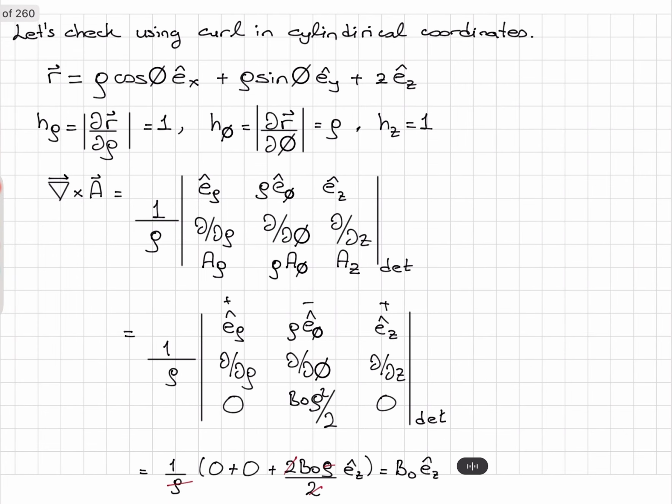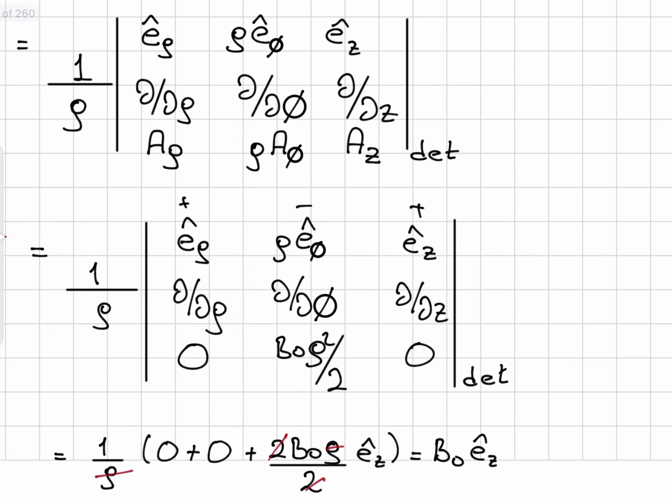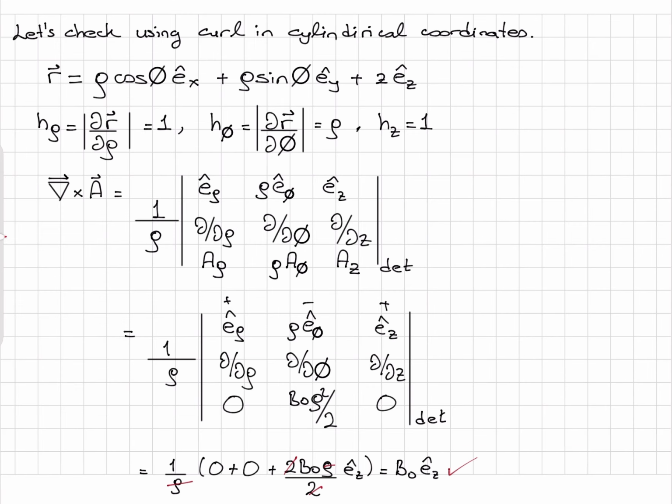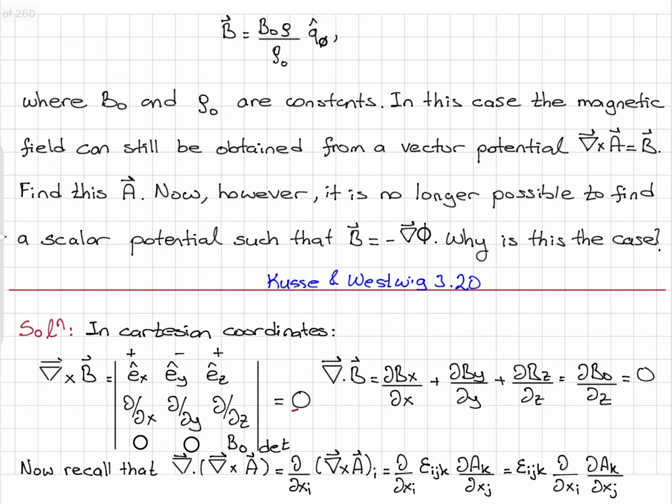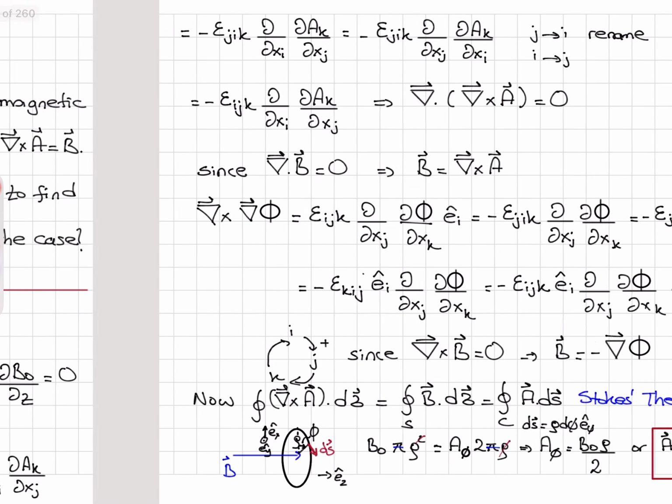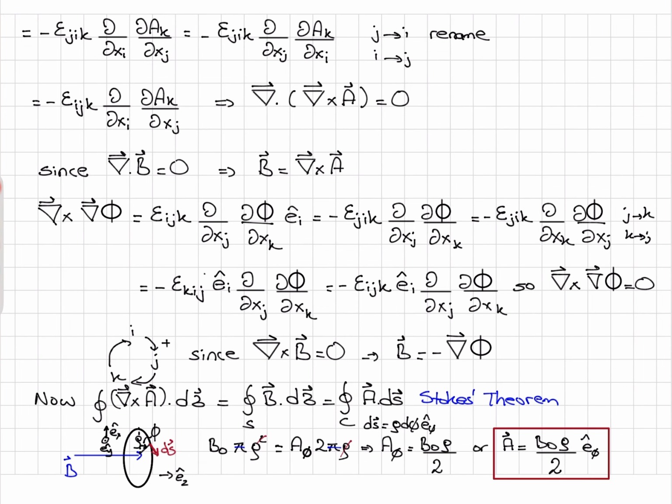So this calculation shows me that our result for the vector potential A seems to be correct. Now, we had also shown that the curl of this magnetic field is equal to 0, which means it can be derived from a scalar potential. B is equal to minus gradient phi.